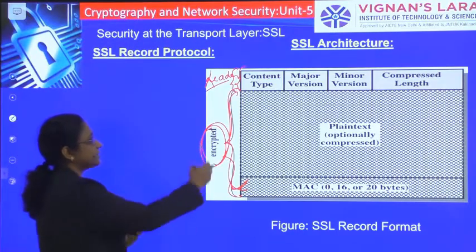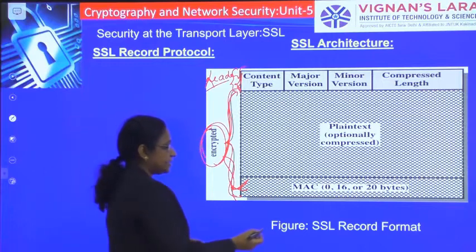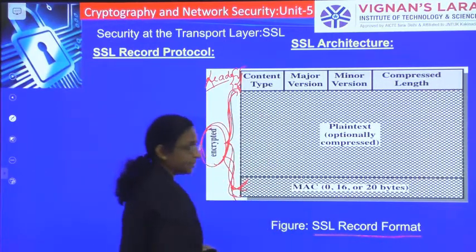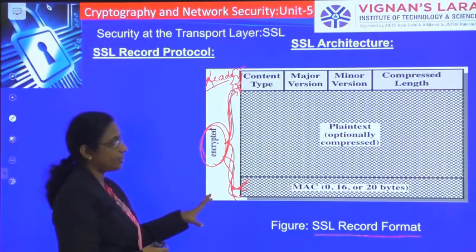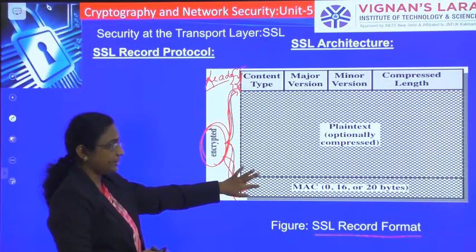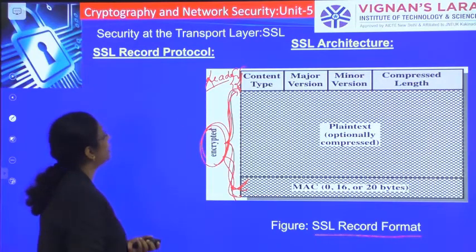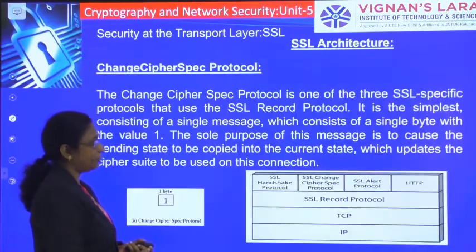After attaching this header to the encrypted data, we get the SSL record format, which consists of the encrypted payload along with the encrypted signature and the header. That is about the SSL record protocol.